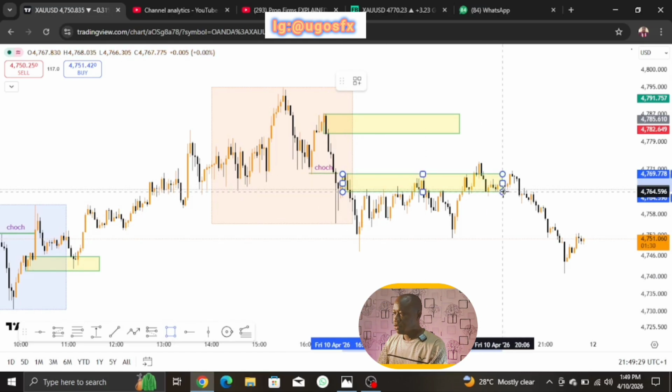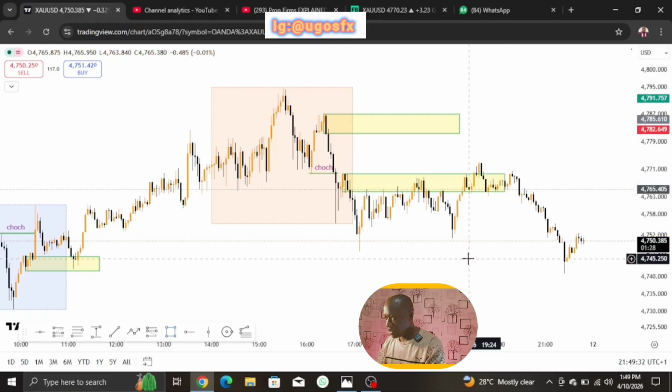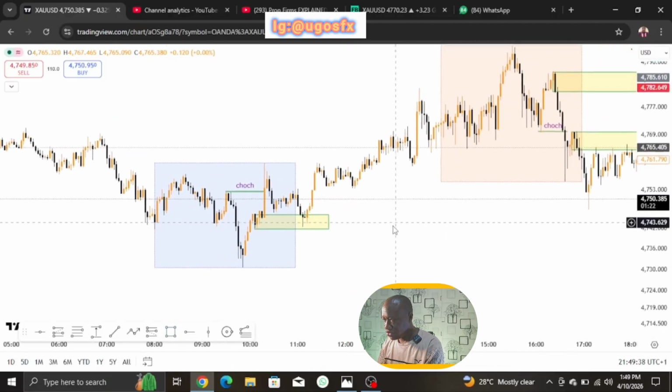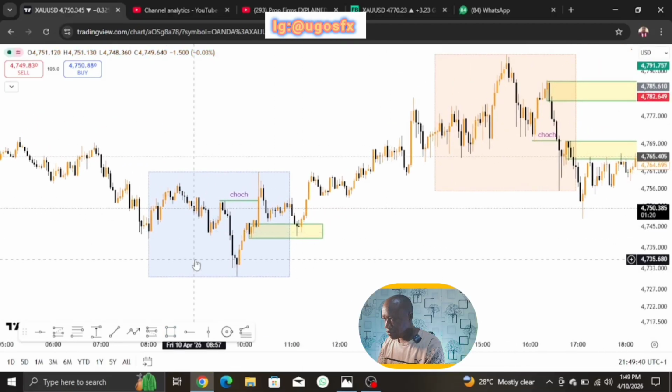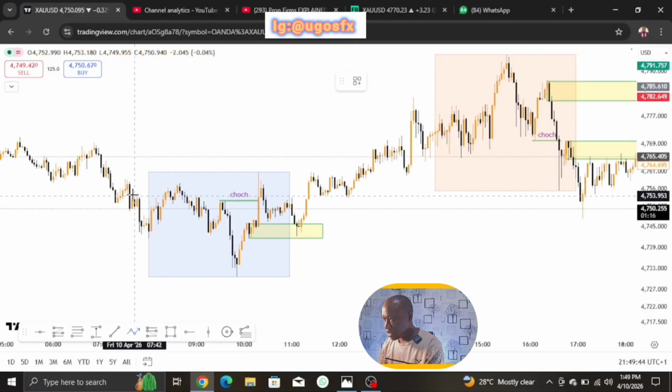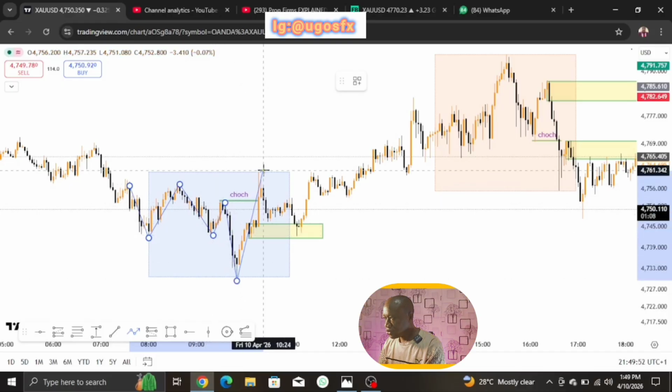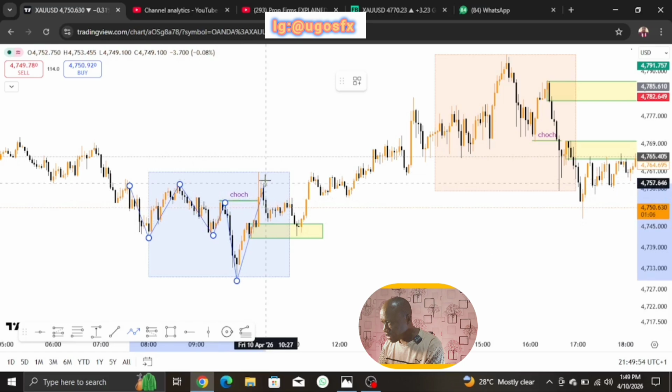So now let's look for another example. This was one that happened during the London session. You can see that price was initially coming down. And suddenly there's a shift, thereby causing a change of character at this zone. So all you need to do is to wait for price to return back.